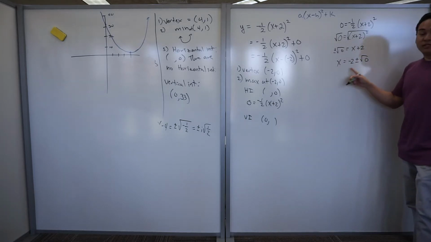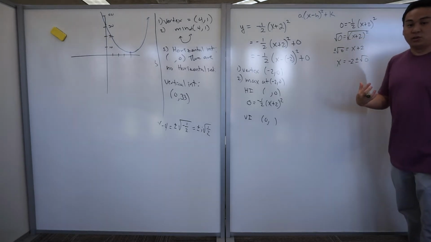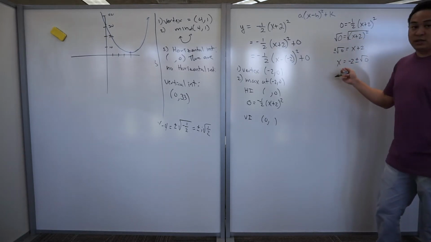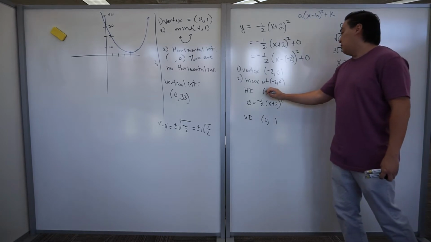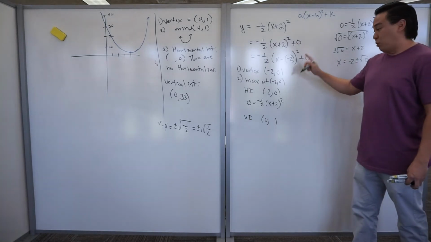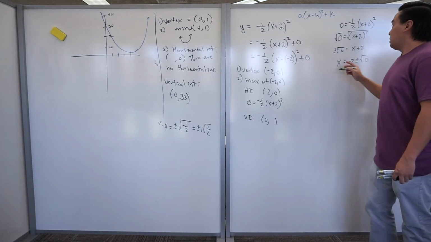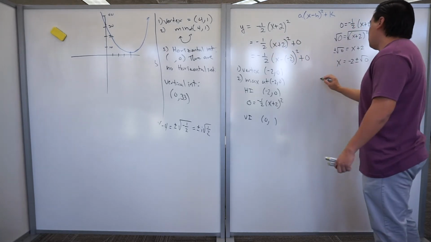So again, this happens, you get this -2, but its multiplicity is 2. So it only hits the axis at this one point, which is going to be -2, 0, and it does it with multiplicity 2. Now let's do the vertical one, where 0 is x.